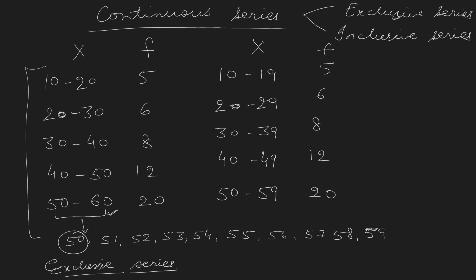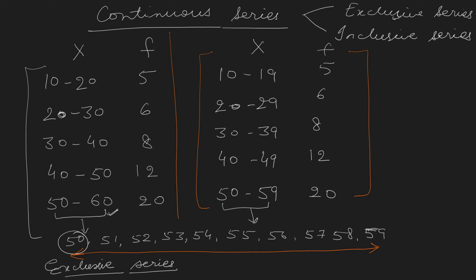Here you will notice that the values are 50 to 59. The values will start from 50 and end at 59. This whole series which I have written here is the inclusive series.